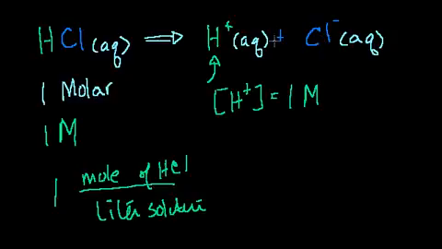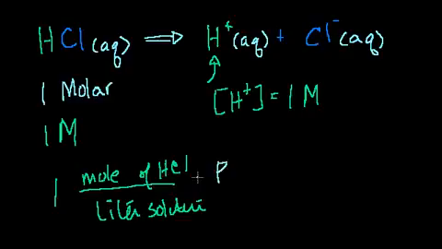We want to figure out, well, if I haven't said it already, it would be nice to figure out what the pH of this solution is now that I've thrown hydrochloric acid in it. Well, the pH is just based on the hydrogen concentration, and we already have that. That's 1 molar, or 1 mole per liter of solution.